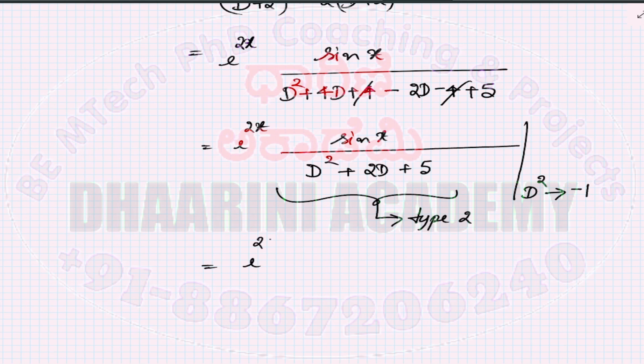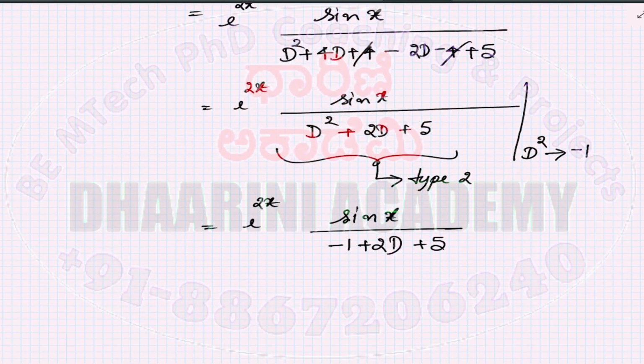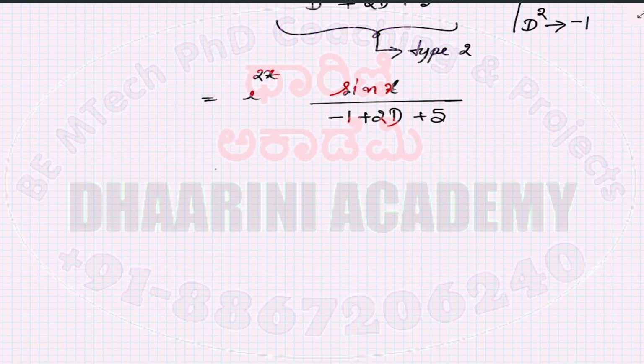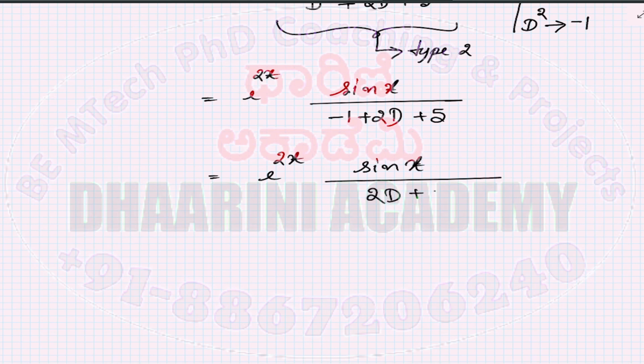So this is e^(2x) sin x divided by −1 + 2D + 5. This means it is equal to e^(2x) sin x divided by 2D + 4.